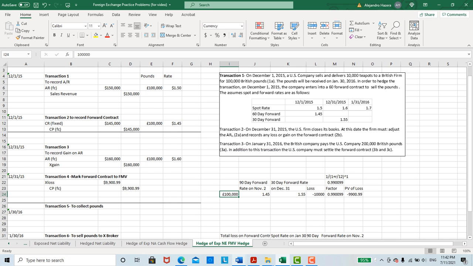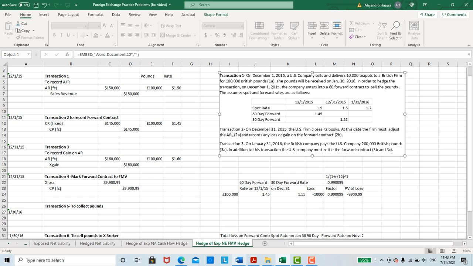That's your base. The 60-day forward rate on 12/1/15 was $1.45. There it is.